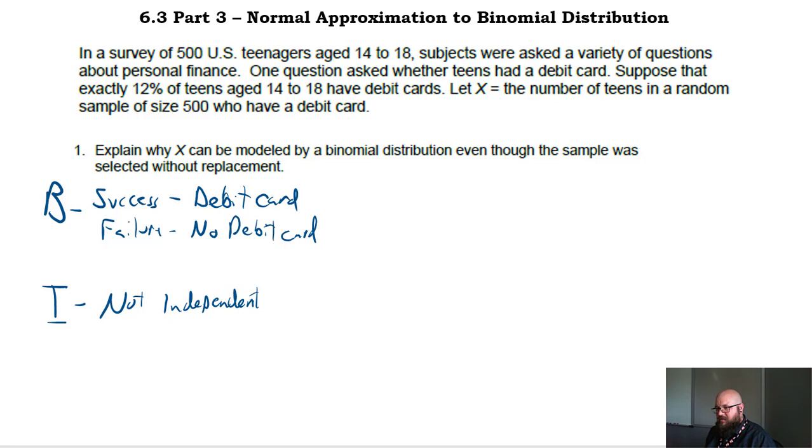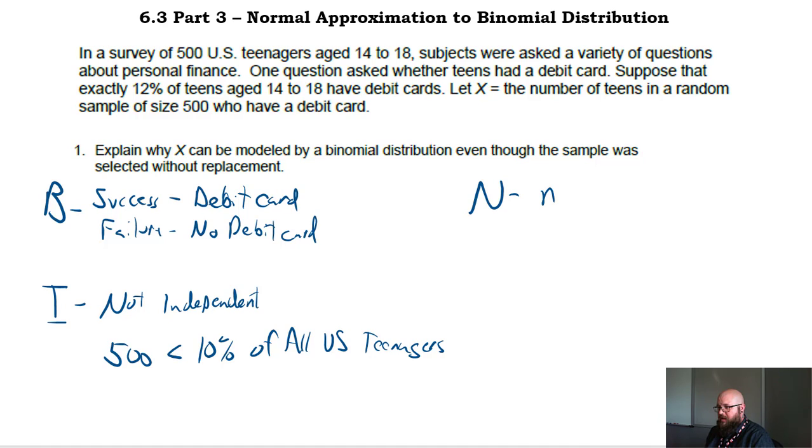Well, I guarantee you 500 U.S. teenagers is less than 10% of the population, let's say of all U.S. teenagers. So that's less than 10%, and therefore we can still move forward with this. Now n, for our sample size: it said sample size of 500, so n equals 500.